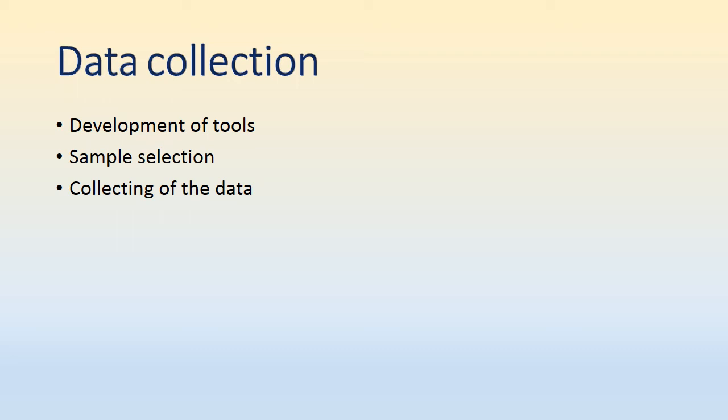What will be the tools for data collection? The sample selection and collection of the data. So once the tools have been developed, the researcher goes to the field and then collects the data, and the population to which the data is administered is called the sample.